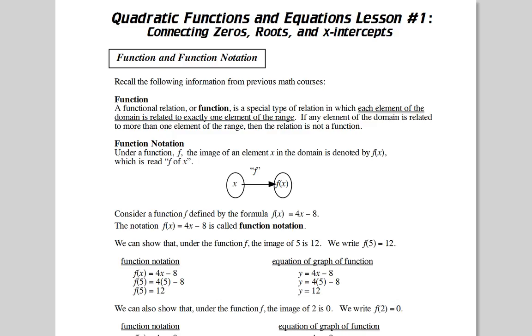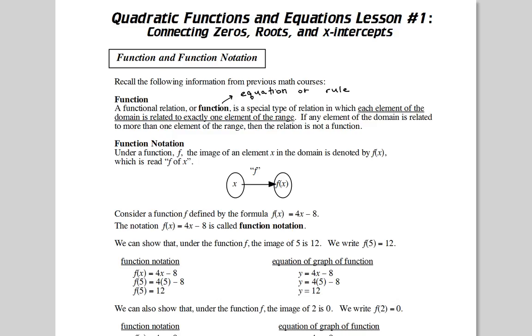So you can think of a function as a rule, and basically it's an equation, but you can think of it as like a rule. So think of this as an equation or rule that's applied to the input.